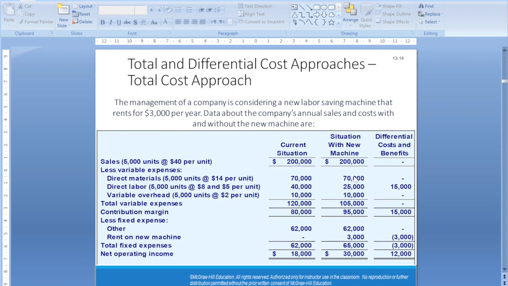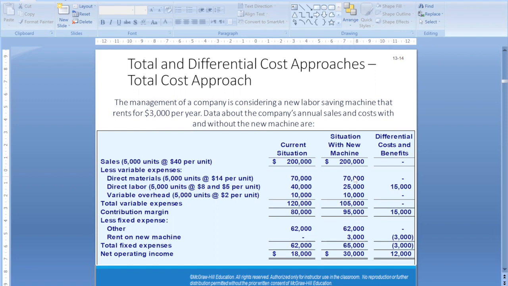For the new situation, with the machine, it is $200,000 minus $105,000, so the contribution margin will be $95,000. The last column means we are saving $15,000, or if you like, we will have an additional $15,000 in the contribution margin if we include the new machine.